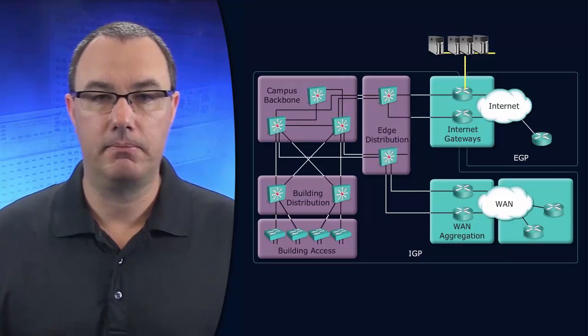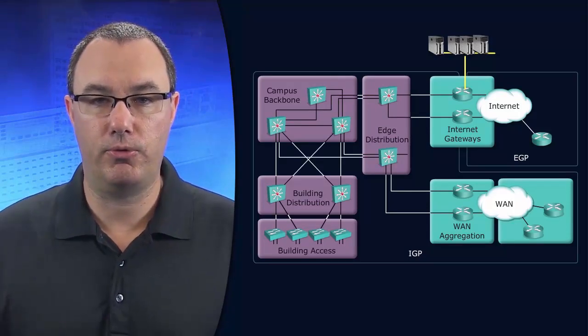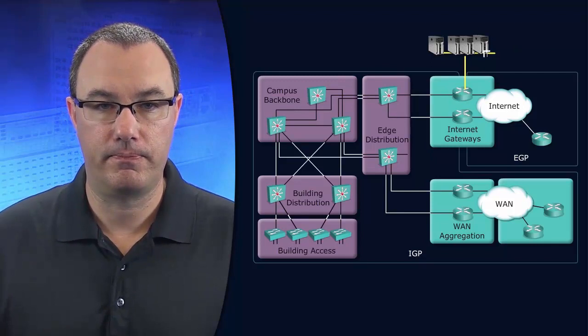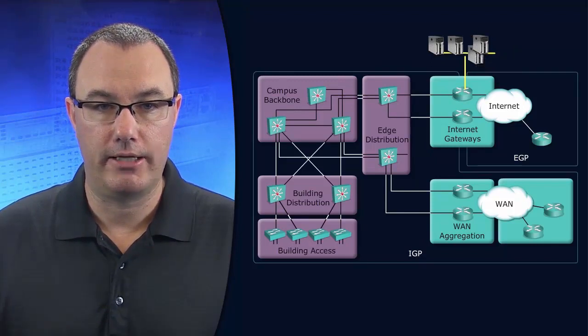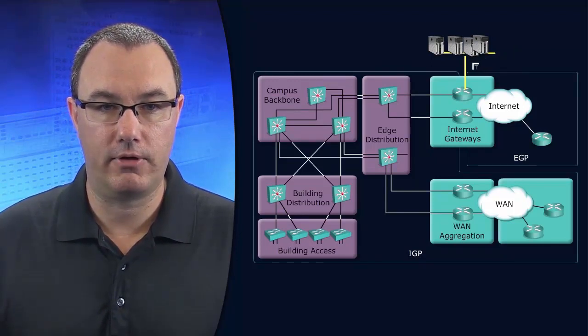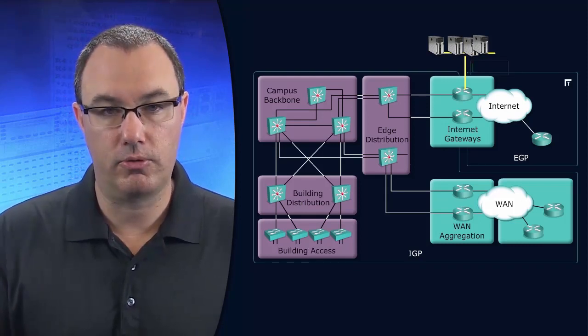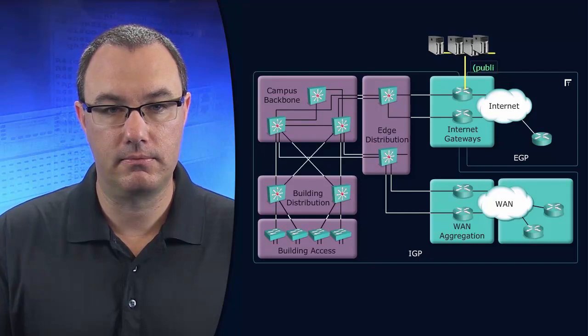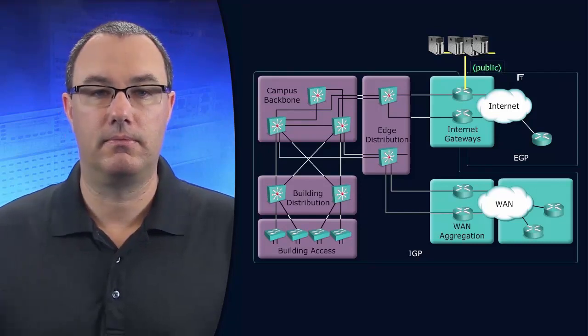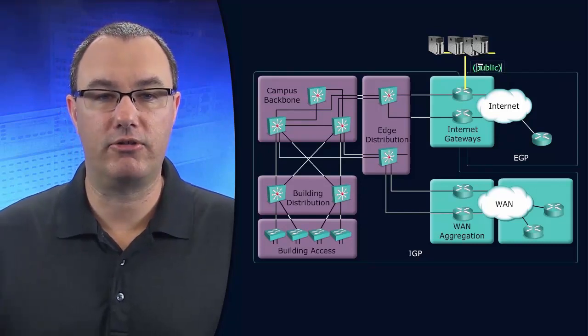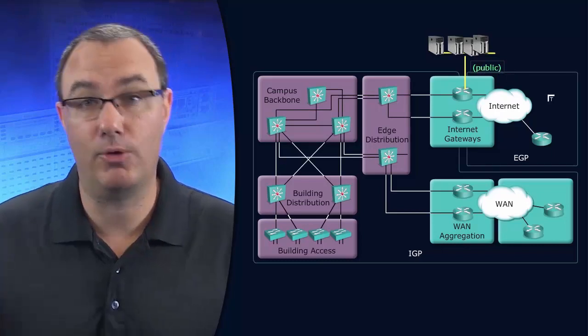First, how are we going to address those? I'm likely going to be addressing those with public addresses. So I'll just say public, and you choose a public address like something other than 10 or 172.16.